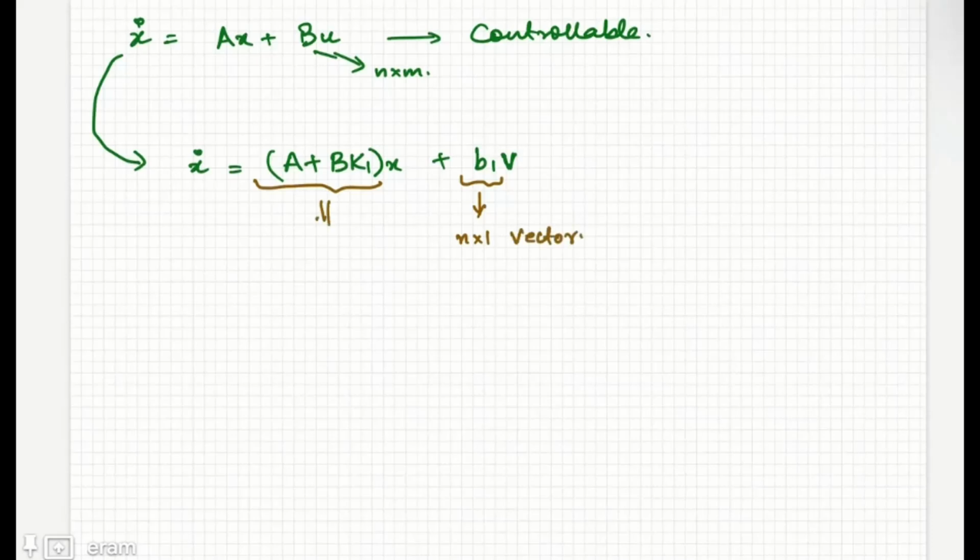A plus BK1 is obviously an n cross n matrix, and v is nothing but a scalar function which we can design.